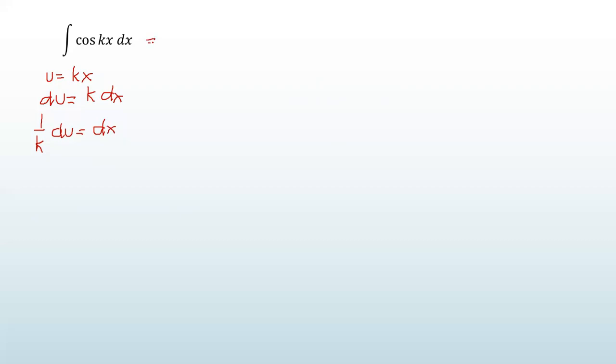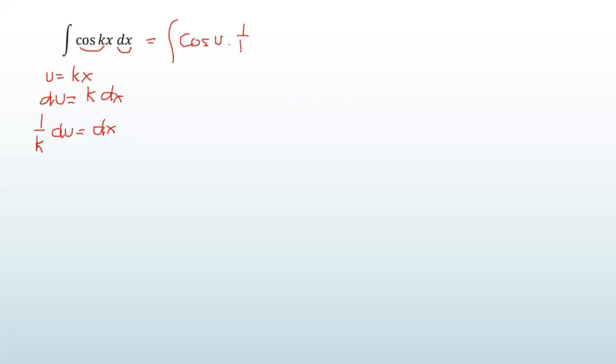So we may write this integral, cos kx becomes cos u, because kx equals u, and dx equals 1 over k du.